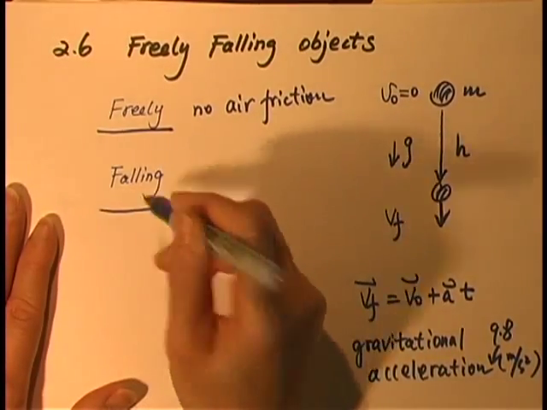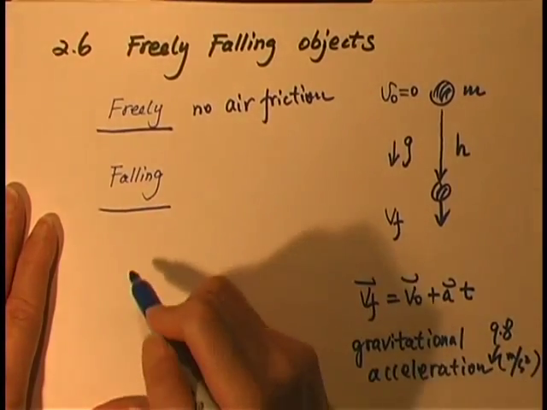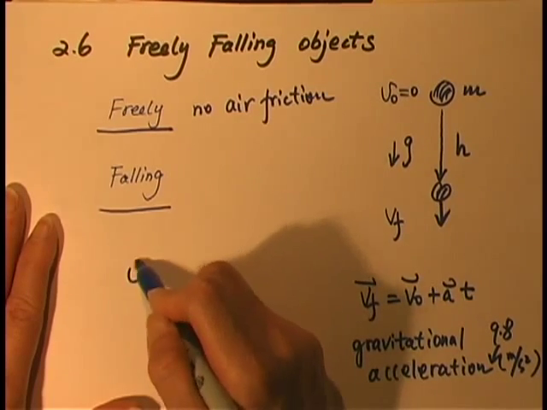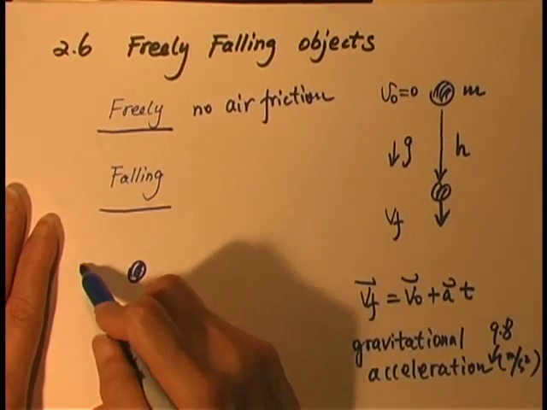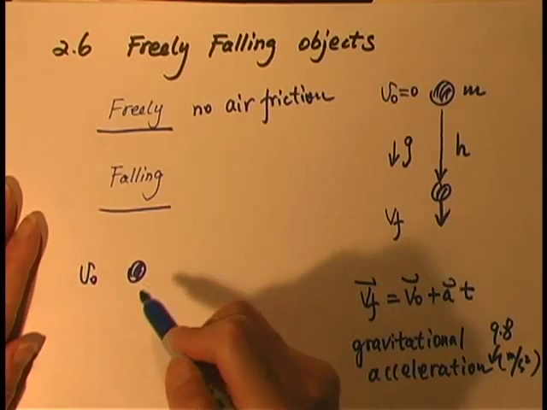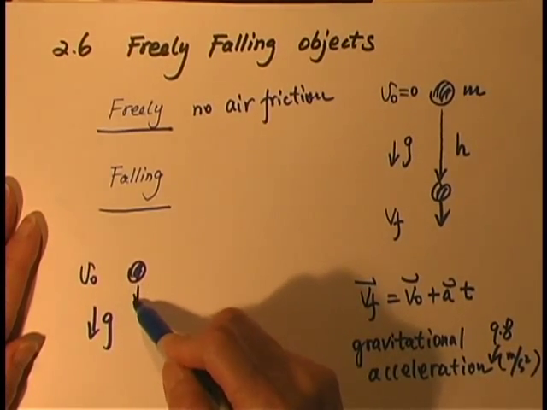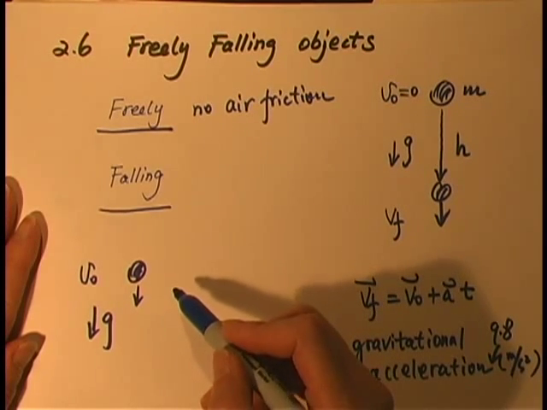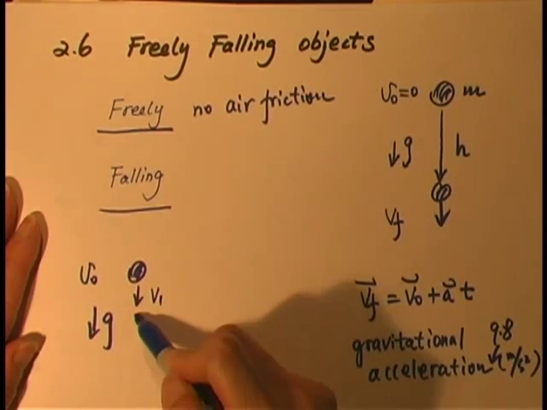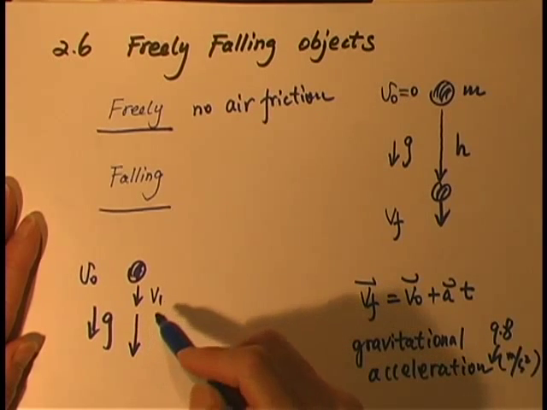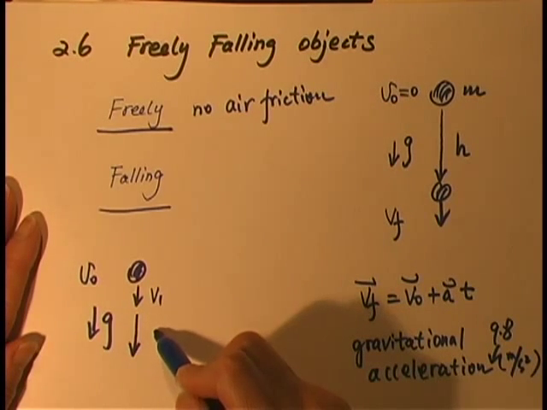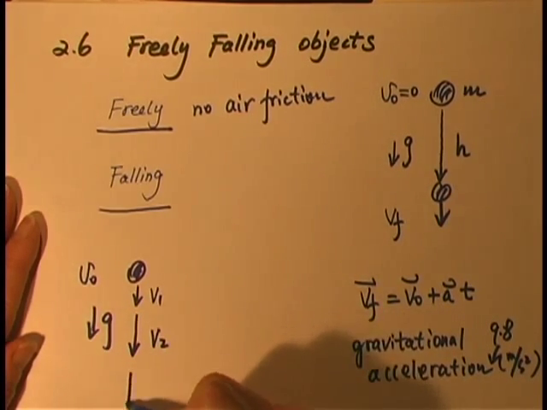Falling. Let's talk about that. Well, you see, we can release an object with initial velocity equal to 0, and because of the gravitational acceleration downward, this object is going to pick up downward speed, that's called v1, and then a longer arrow means larger amplitude, so that's called v2, and then let's say v3.